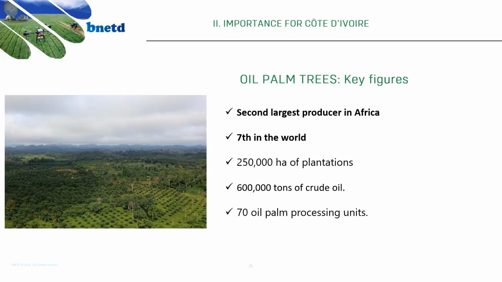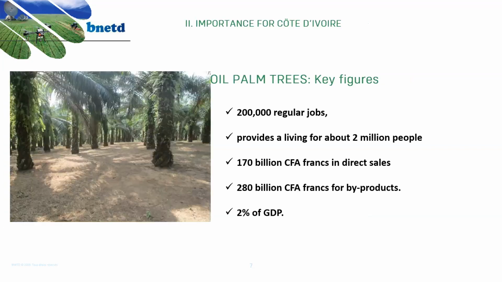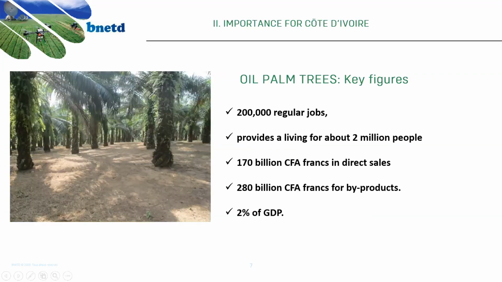We have 250,000 hectares of plantation, 600,000 tons of oil, 70 oil palm processing units, but we have also several small processing units. Côte d'Ivoire is also 200,000 regular jobs, but almost 2 million people are living from the oil palm trees economy, and it represents 2% of the GDP of Côte d'Ivoire.